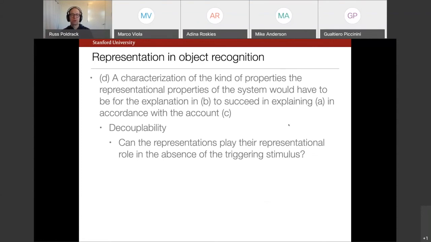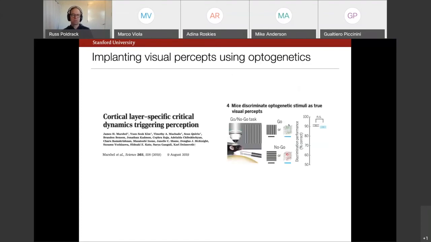Finally, we need to show that we can somehow decouple to get away from these just being receptors. Can we decouple the representations from the triggering stimulus? Can they play their representational role in the absence of the triggering stimulus? And I think that recent work in neuroscience has provided really compelling evidence for this. This is work from last year from Karl Deisseroth's group that basically did what you might think of as inception of visual stimuli.